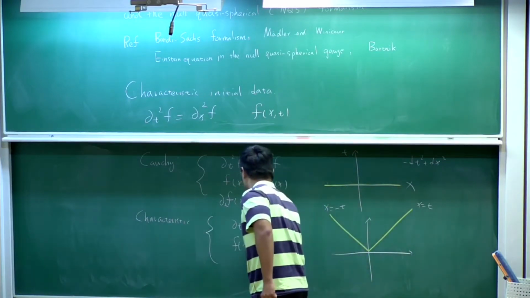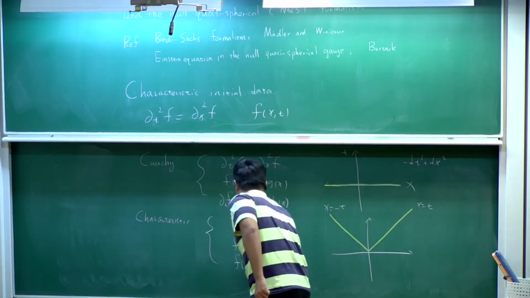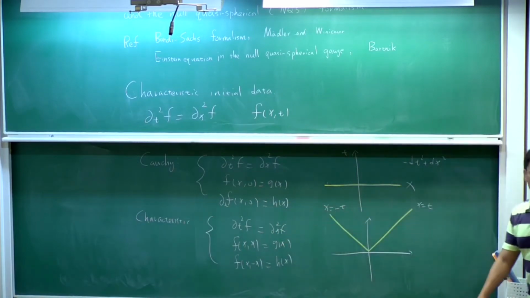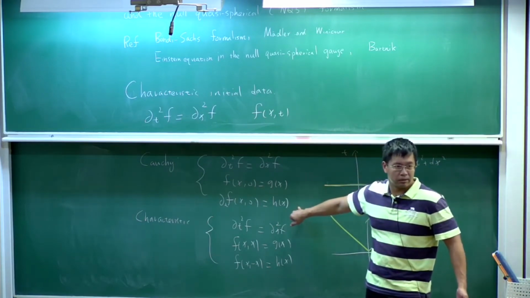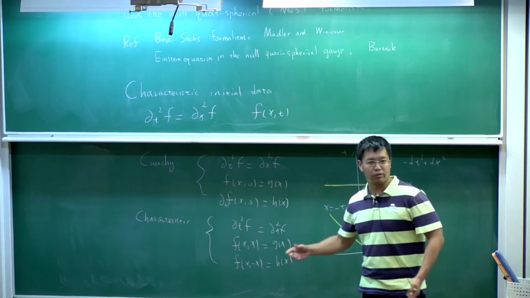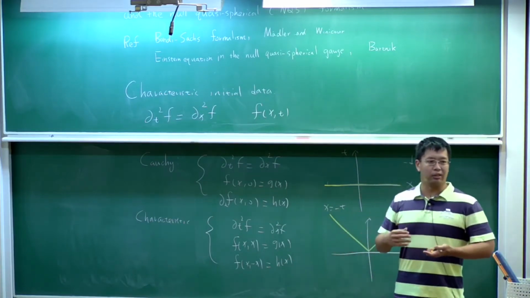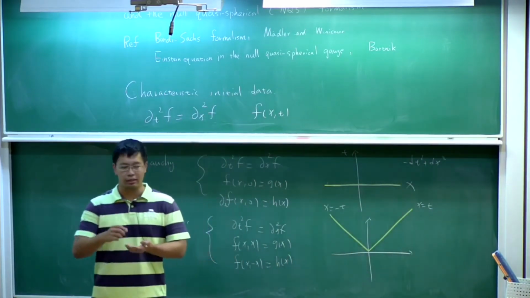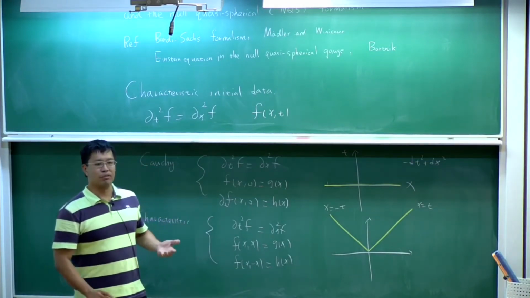So here I'm describing the characteristic initial data. Notice the difference here. You are prescribing f and f_t, but here both are functions without derivative. In a way, that's why characteristic data sets are easier to handle. If you want to study the corresponding questions in GR, then there's a whole bunch of constraint equations, partial differential equations, that you have to solve.